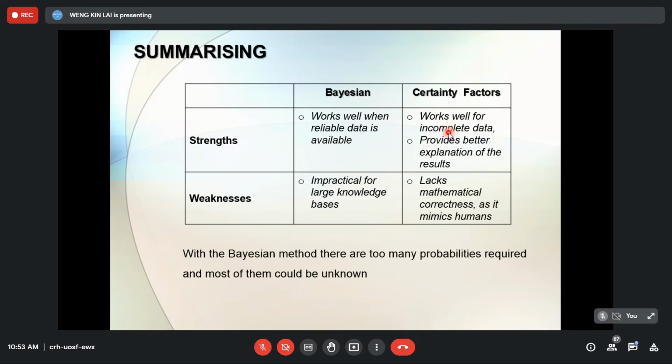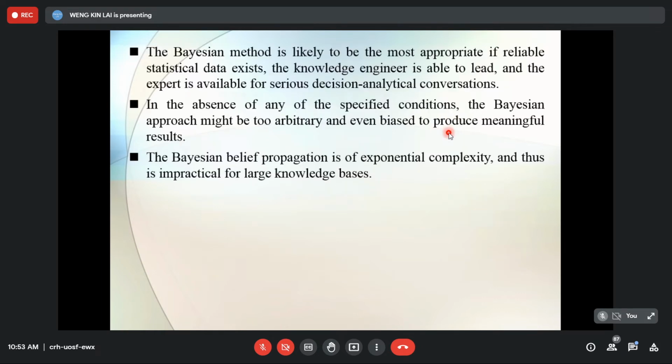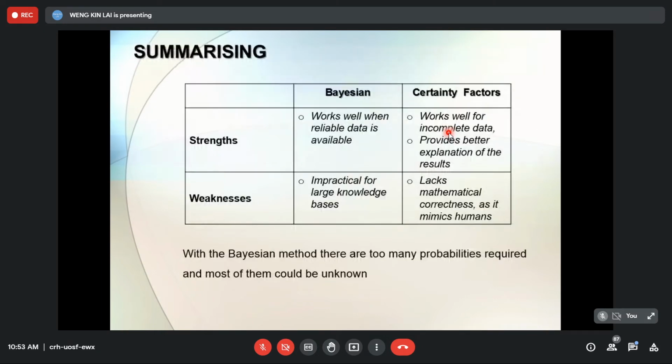If you ask me, in a way, your certainty factor is actually in a sense a probability, isn't it? What's the chance that you are sure of this happening? So it's actually a measurement of your confidence rather than the probability. So that's why I think they say it lacks mathematical correctness. So basically this one is kind of like a guessing, while the Bayesian probability is based on previous data probability kind of thing.